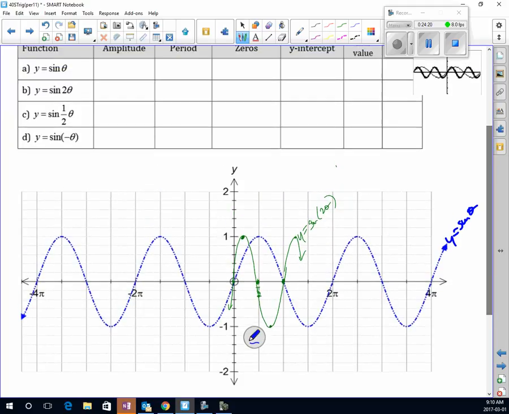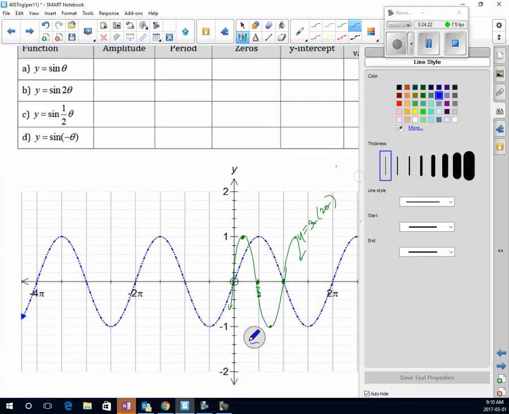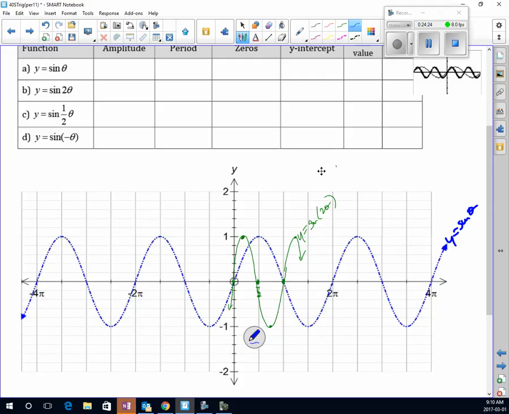So if I go back up here, remembering that my amplitude was 1, my period was 2 pi, my zeros were 0, pi, 2 pi, that was k pi, where k is an element of integers. My y-intercept was 0, my min was -1, and my max was +1. So how does that change for my sine of 2 theta?